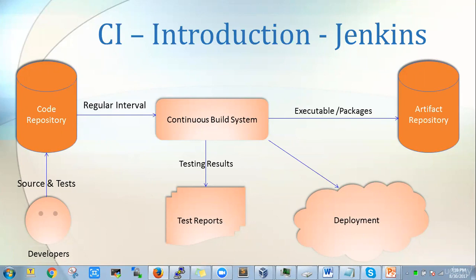Each integration is verified by an automated build to detect integration errors as quickly as possible. What is integrated? Integrated means all changes up to that point are combined into the project. So I have multiple changes, I can combine them and form an integrated build.